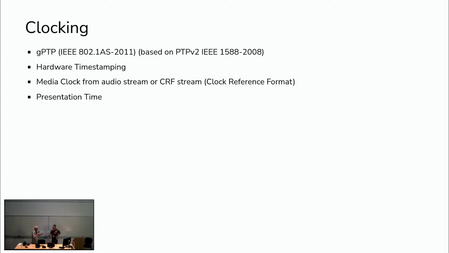Yeah, there are two issues with timing inside AVB. One is the synchronization of everything on the same domain to a single wall clock, to the nanosecond level with luck, so that every one of the nodes knows what the absolute time is.